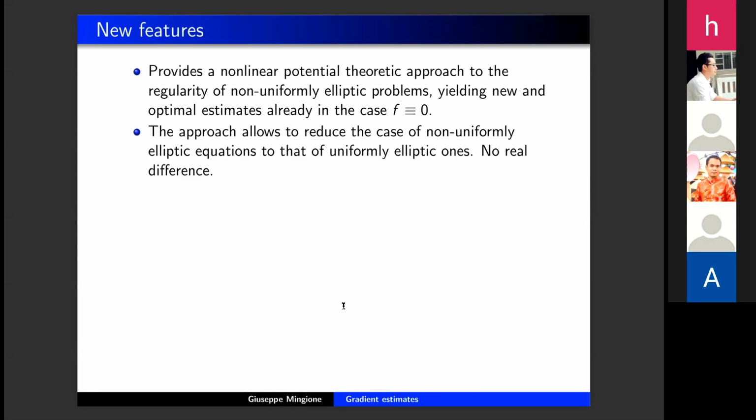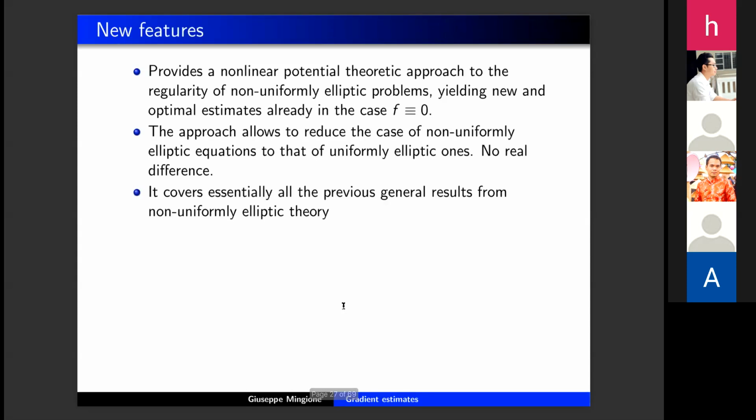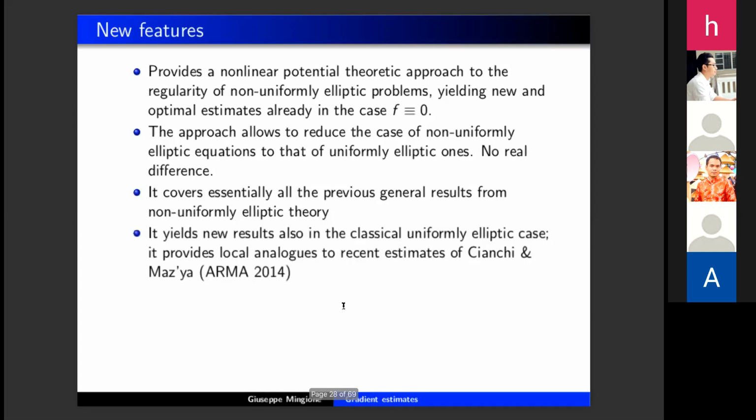I'm going to go back to this trick later on, but with this trick in your hands, you can reduce the theory to the uniformly elliptic one. So all the previous results are covered, essentially up to one year ago.